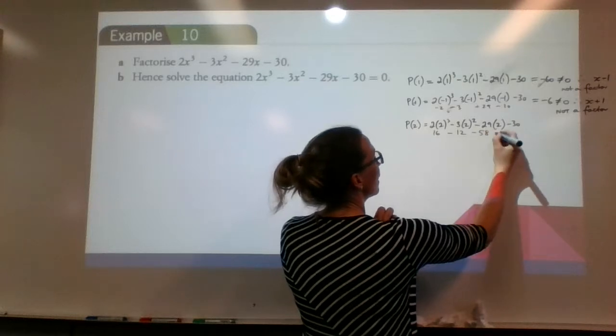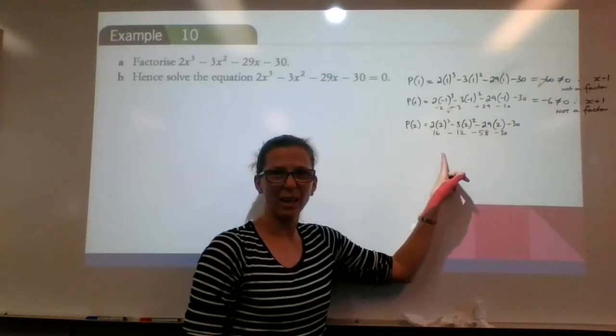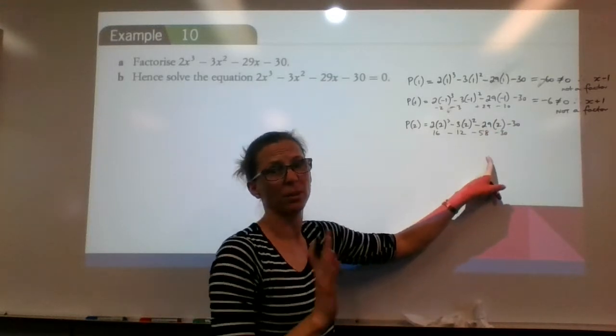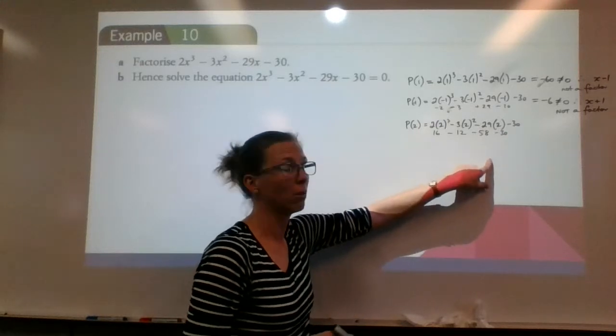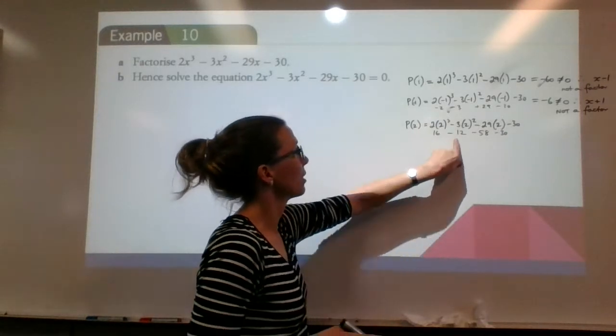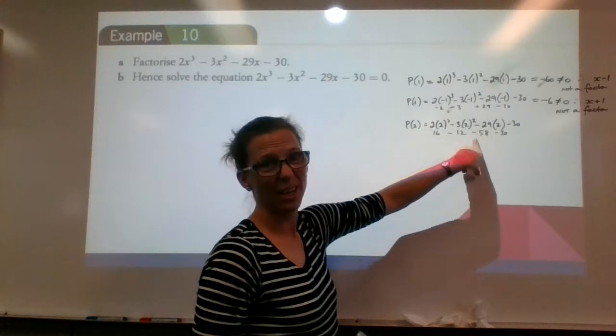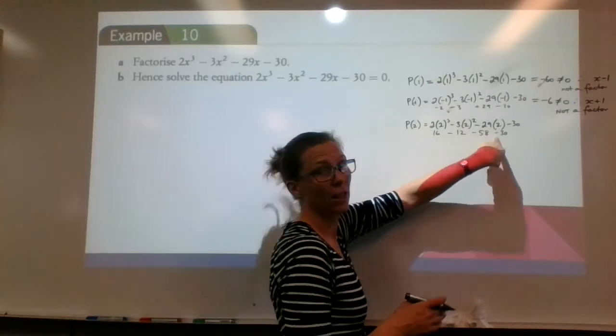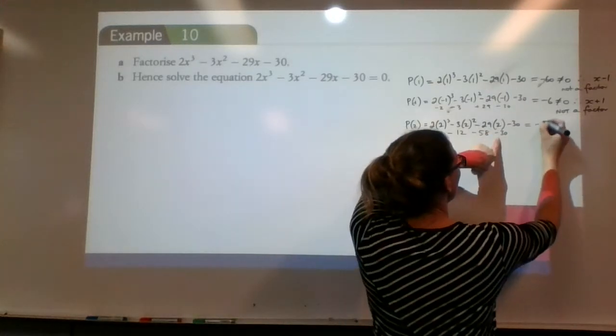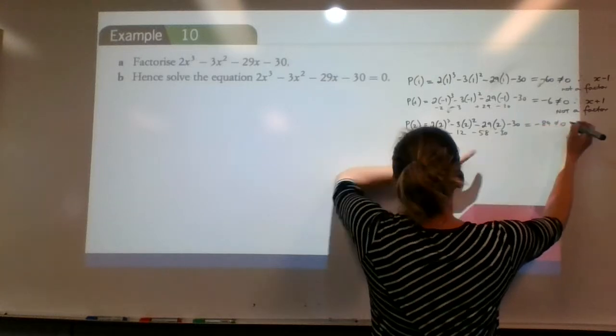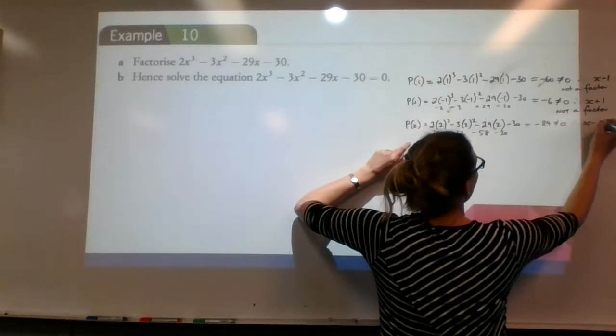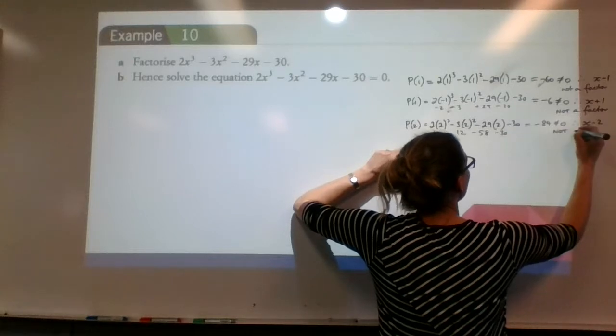That's 58, that's 30. At a glance, that looks like a lot of negative numbers, so I feel like it's going to be much lower than 0. 16 take 12 is 4. 4 take 58 is -54. Take 30 is -84. Okay, doesn't equal 0, therefore x take 2 is not a factor.